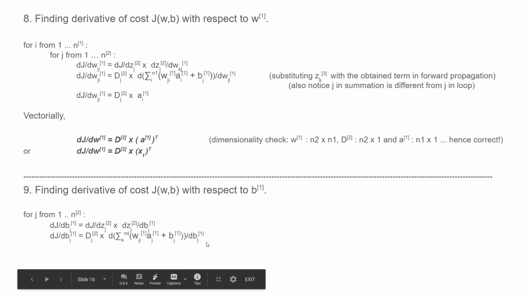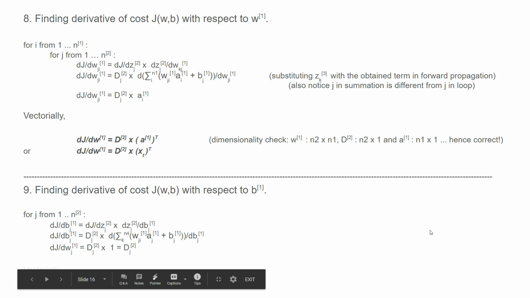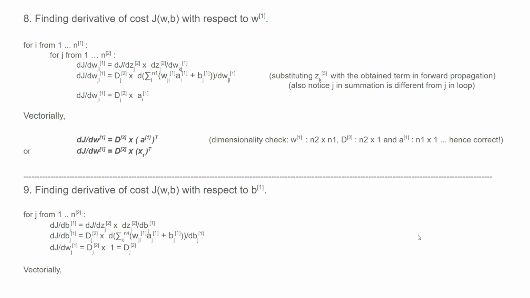Therefore, when we differentiate bj1 with respect to bj1, we get 1. So dj by dbj1 equals dj2 times 1, that is only dj2. Vectorially we can see that dj by db1 equals capital D2.